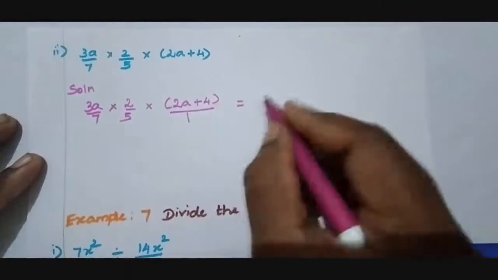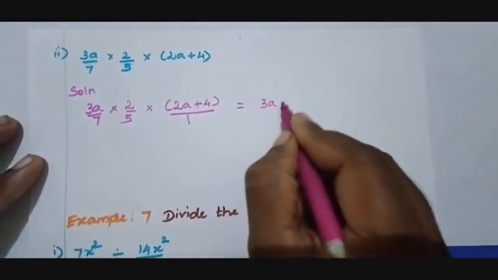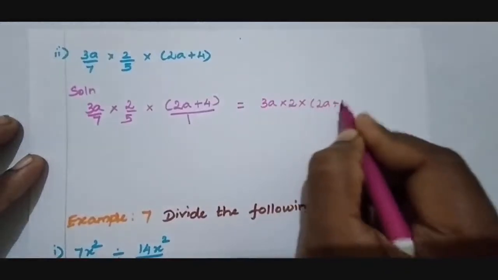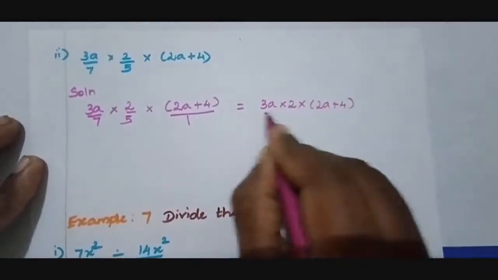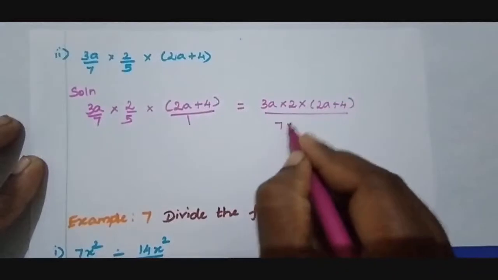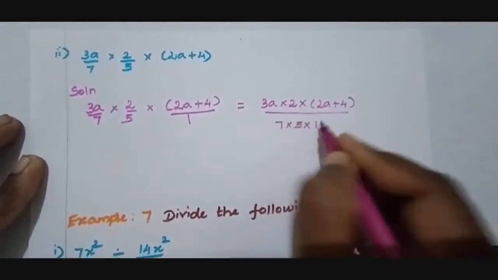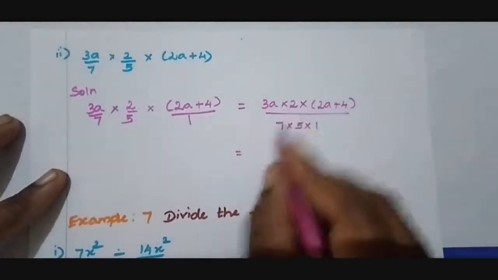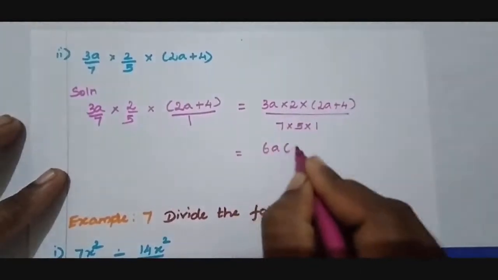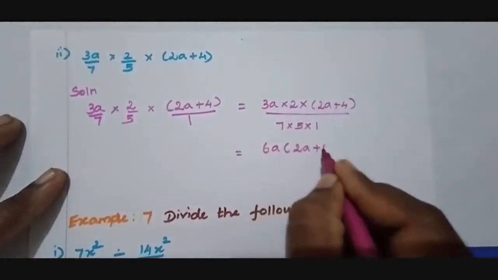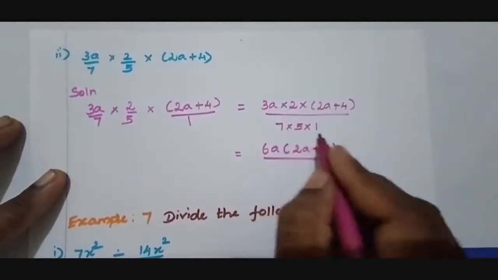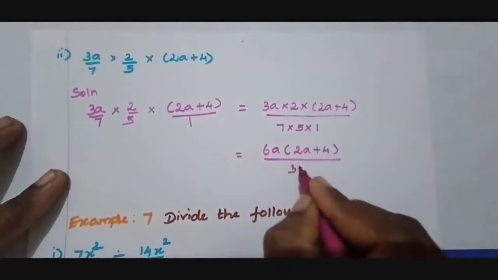Now multiply the numerators. 3a into 2 into 2a plus 4 divided by 7 into 5 into 1, which is equal to 3 2s are 6, 6a into 2a plus 4 divided by 7 5s are 35, 35 into 1 is 35.